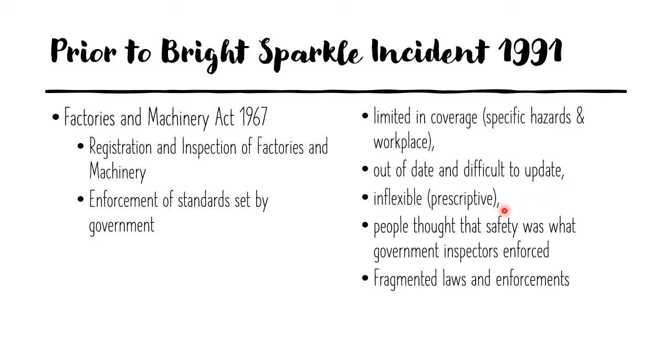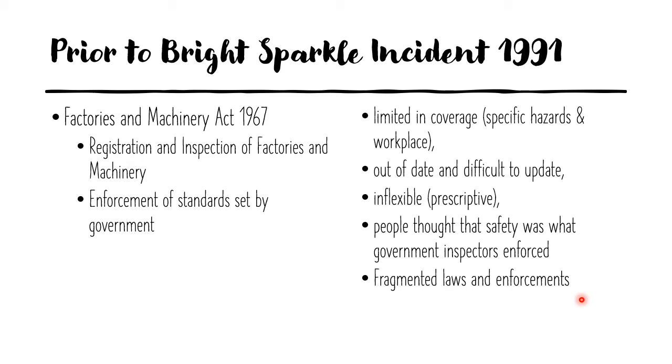And then inflexible, too prescriptive, too detailed. And then people thought that safety was something the government inspectors enforce. So if the government inspector doesn't come, it means no need to do anything. That was what people thought. And then fragmented laws and enforcement.